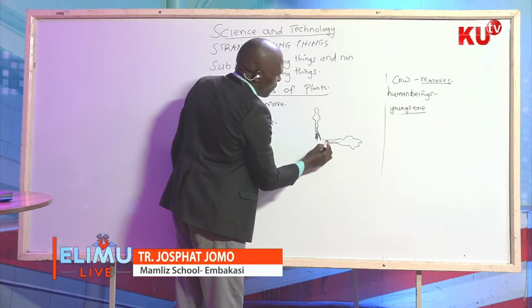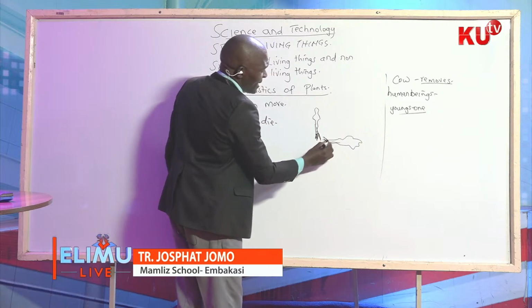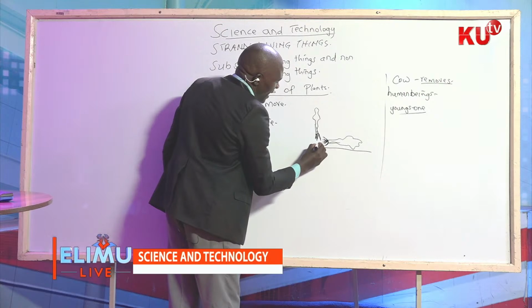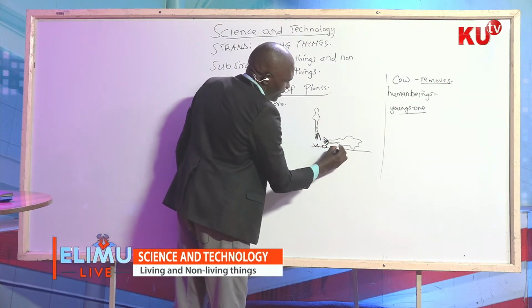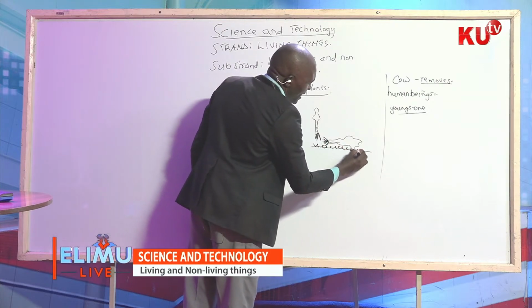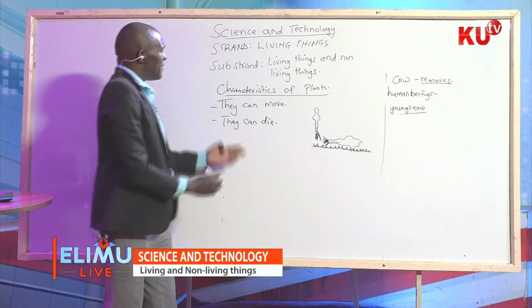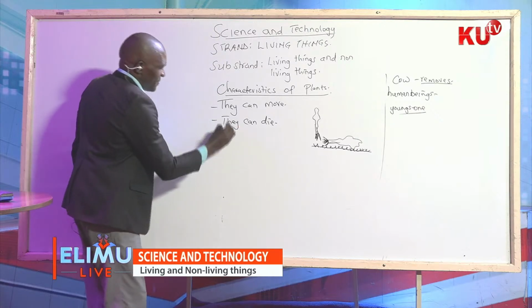When it dies, some of them can remain standing, and some are likely to fall on the ground, and when they fall, they wither and die. So living things can die.